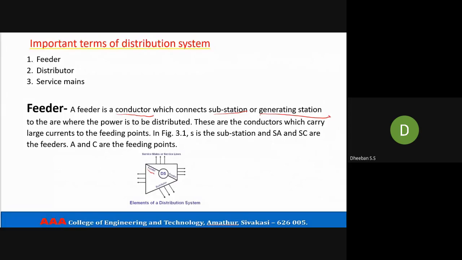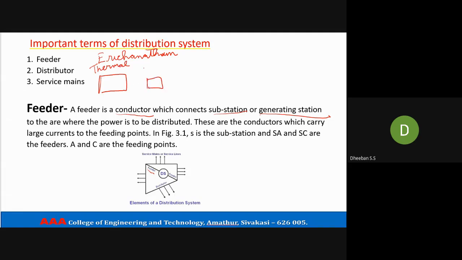For understanding, here there is a substation. Near Erichanattam there is a thermal power plant, and this thermal plant will have a substation.